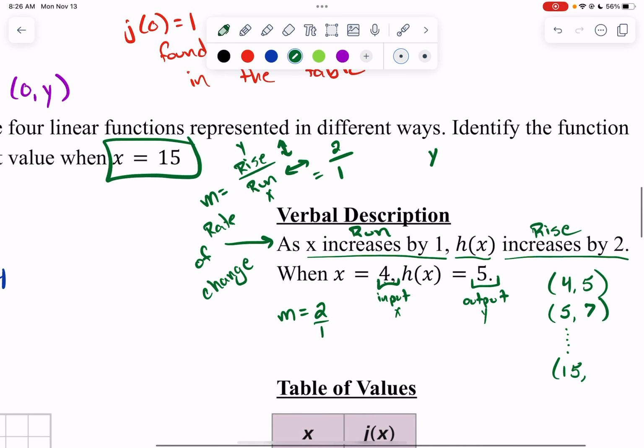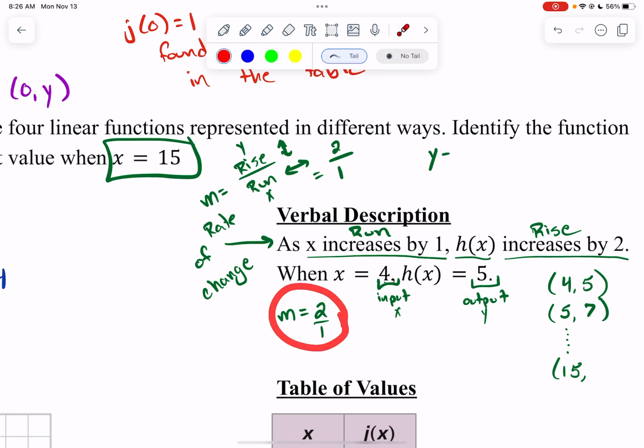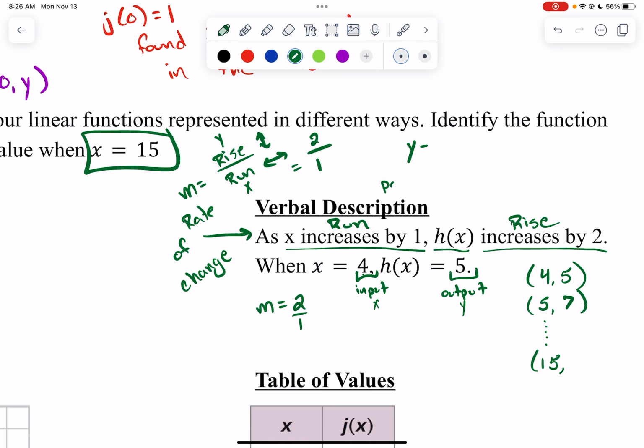So instead, since I know the slope and I know a point, I'm going to use point slope form. Oh, I did not finish the word point. It needs a T. Sorry. Point slope form, which is y minus y1 equals m times x minus x1.